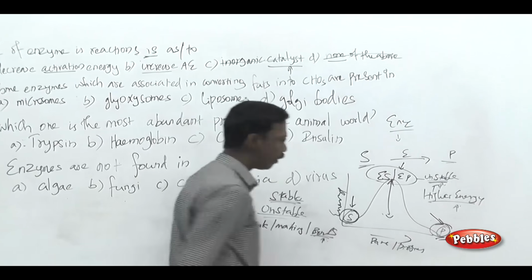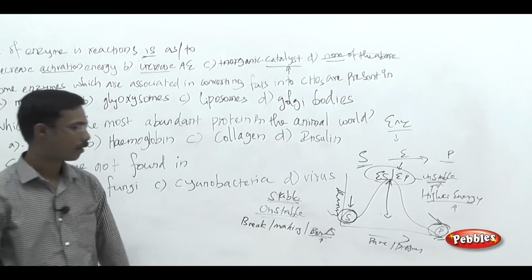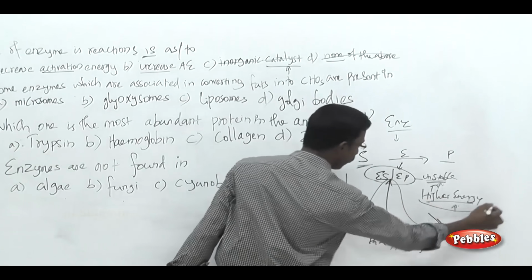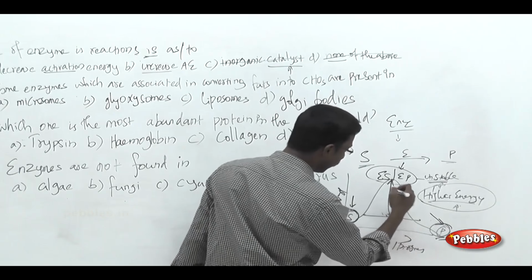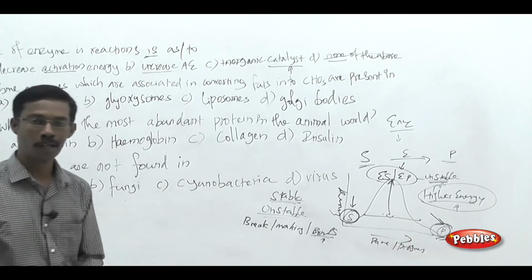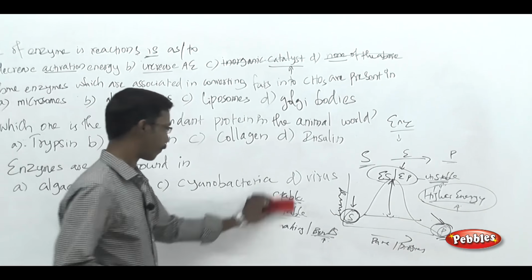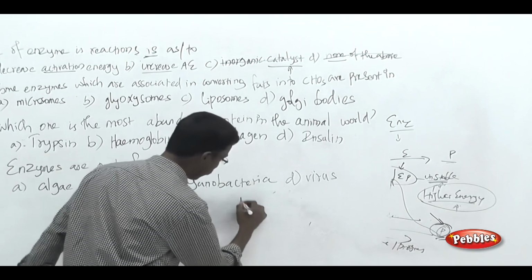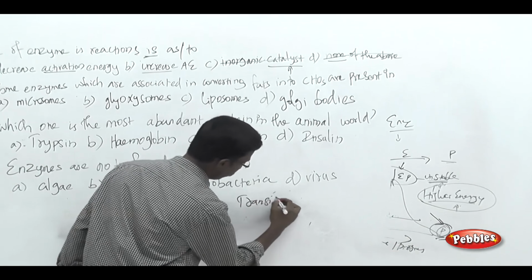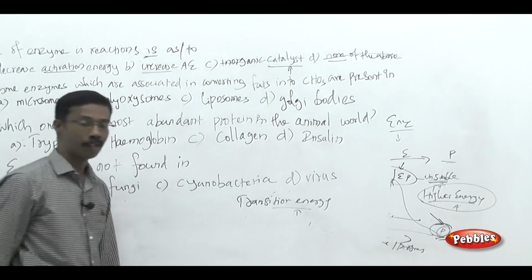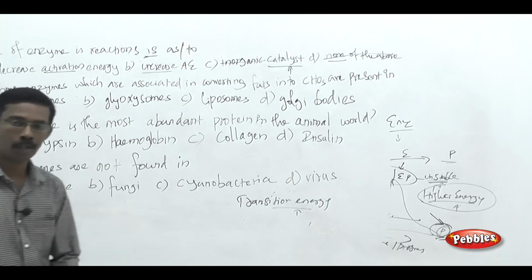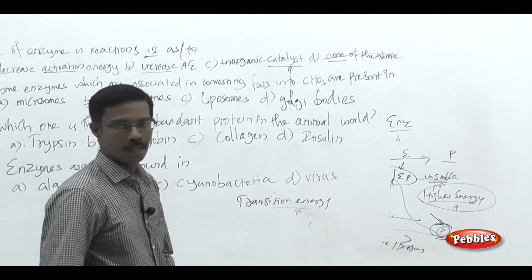To attain this higher energy state, the substrate needs some energy. That energy we are calling the transition energy. To attain the transition energy, it needs some activation, so we call this the activation energy.